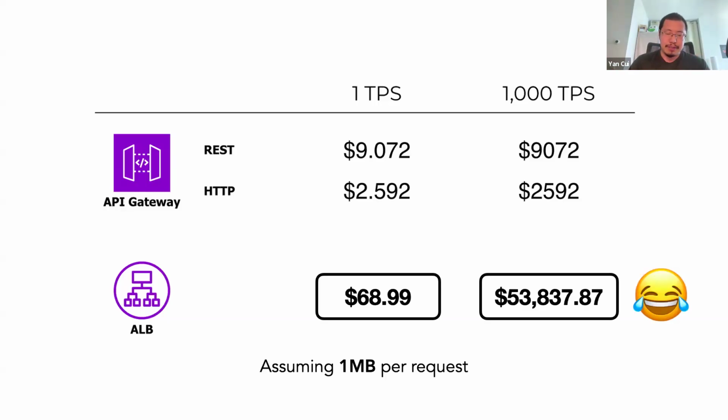Yes, API Gateway still charges for data transfer, and so does ALB, but on top of that, ALB measures and charges you for the amount of data that you process, and that's one of the dimensions it uses to calculate the LCU, the load balancer capacity unit. That means if you're dealing with a large payload for some reason, it can become really expensive with ALB.